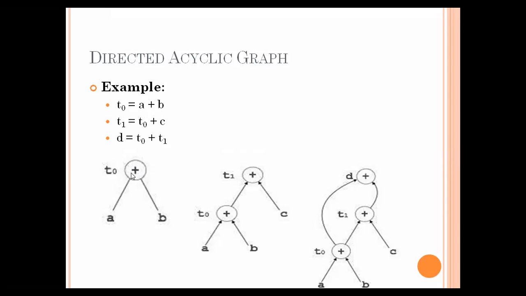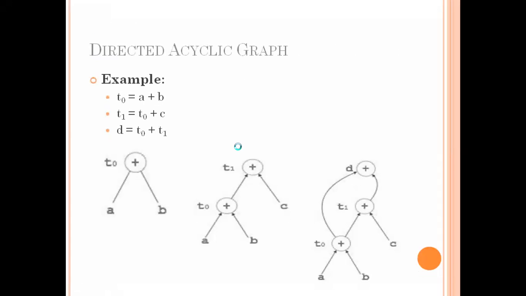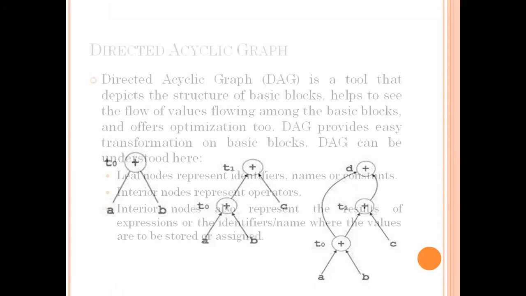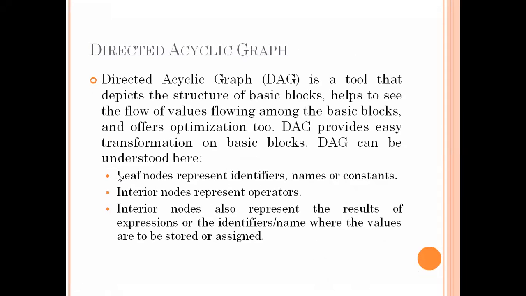Plus is a root node, and leaf nodes are operands. A and B are the operands. The root node again stores the result. How will the result be stored? I will show you. Go back. Read these last 3 lines. I am reading; please note clearly.